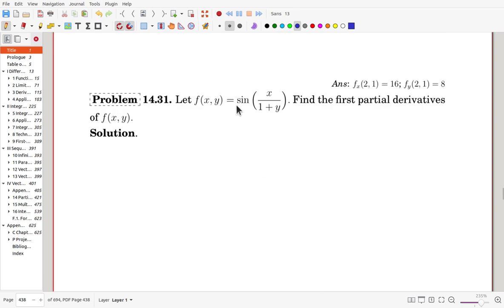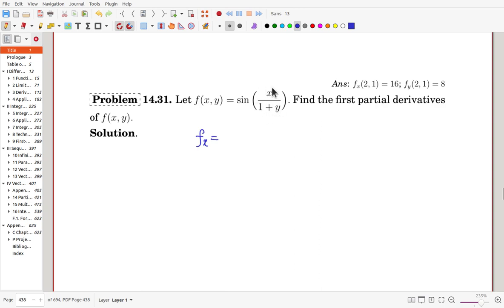f of x, y is given in this way. Find the first partial derivatives of the function. Exactly the same way we can find f sub x and f sub y. For f sub x, we consider y as a constant.